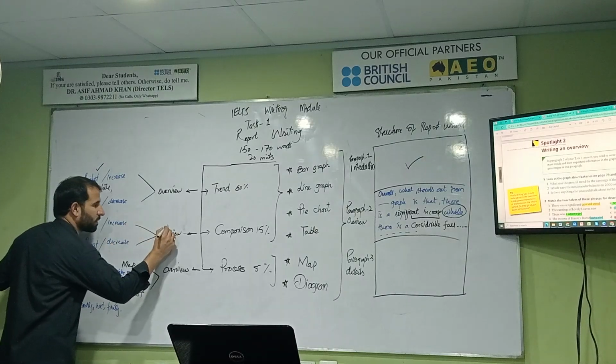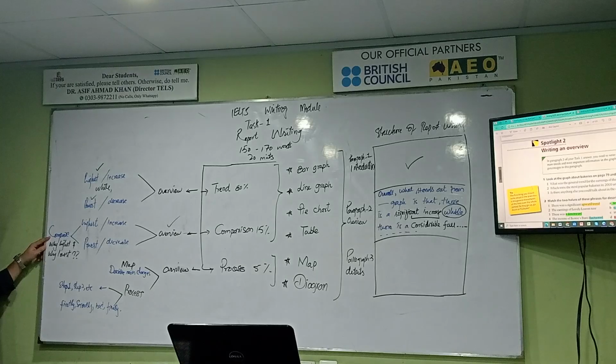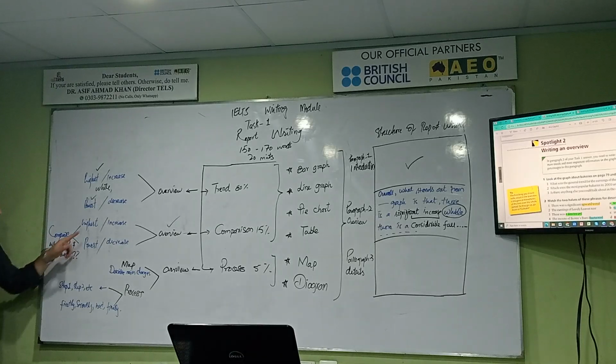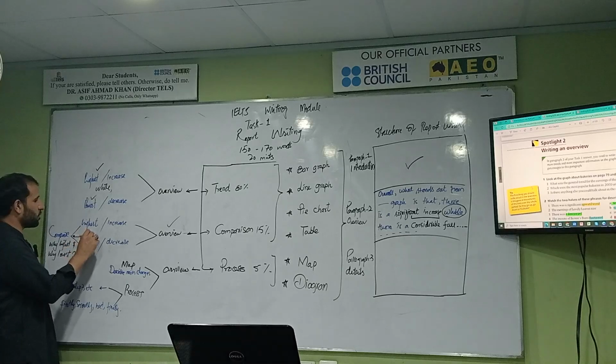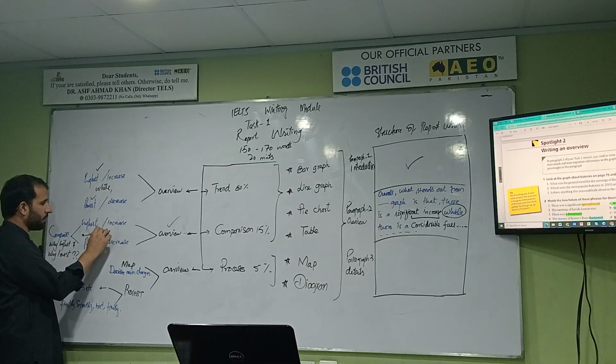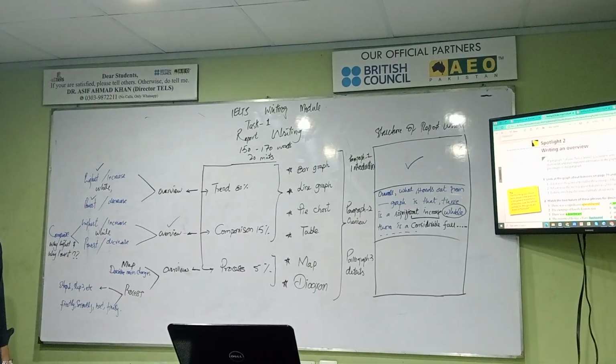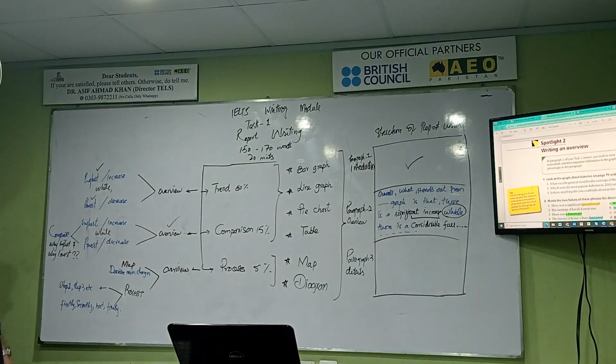If the overview is in comparison, at the end you will compare why the value increased and why the value decreased. You will mention that only. But you have to put whereas or while over here as well. Got it?